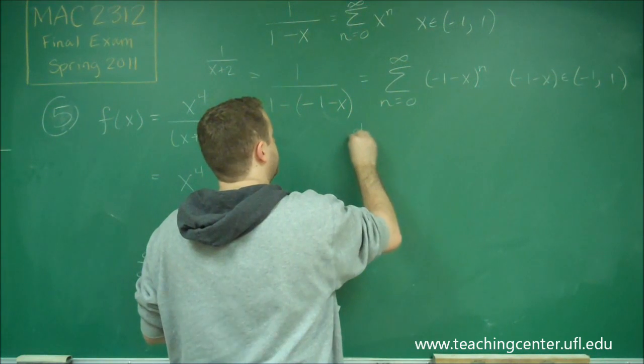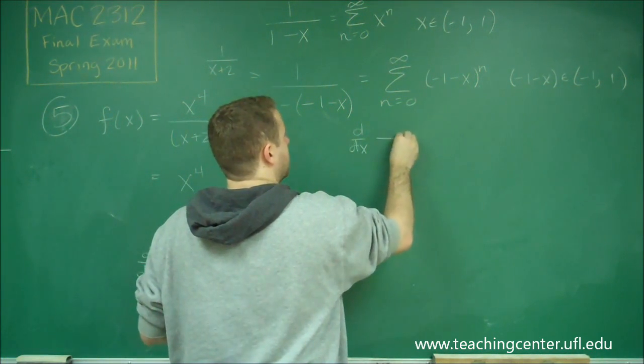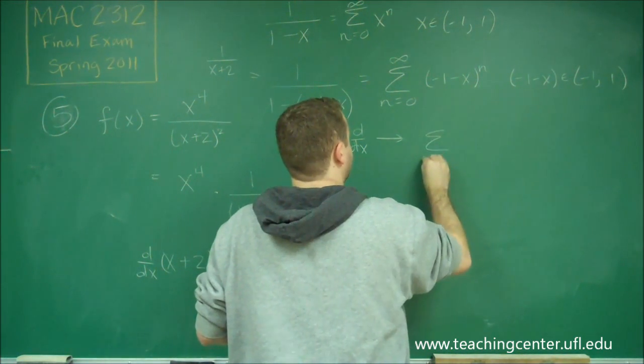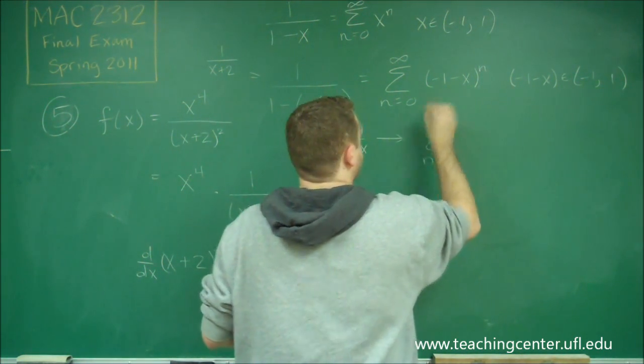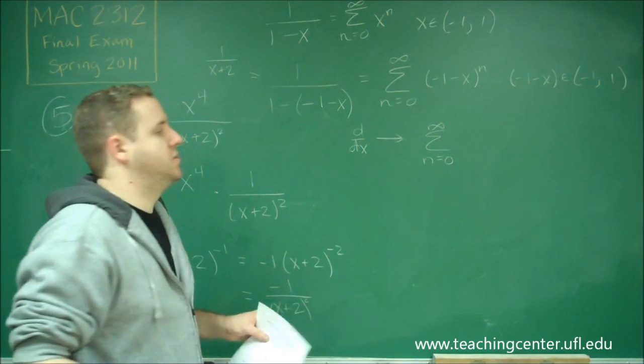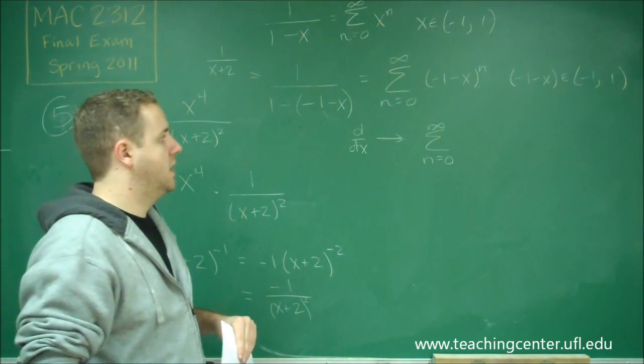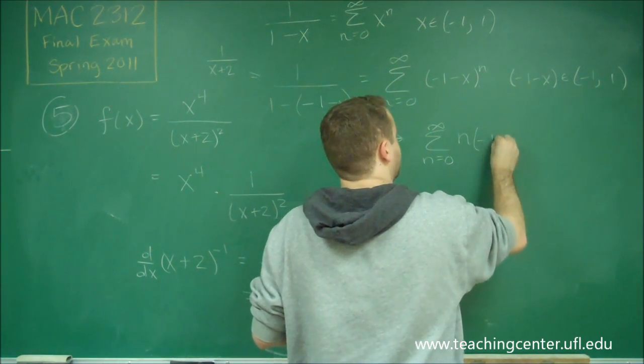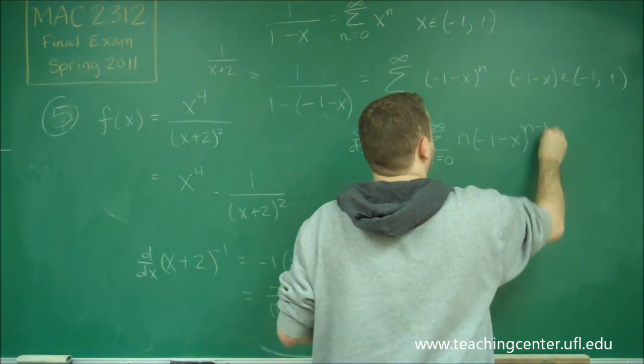By doing the derivative of this series, all we have to do is put the n in front and do our normal derivative, (-1 minus x) to the n minus 1.